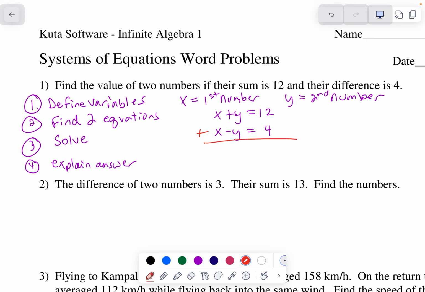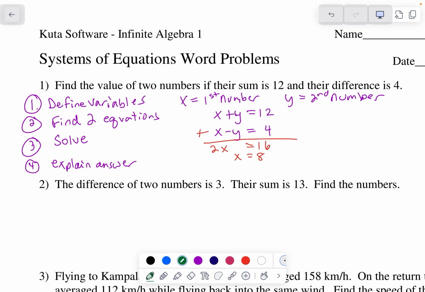When we add the 2 together, we get 2x equals 16. And then we just have to divide off that front coefficient. So our x is equal to 8. Now, we haven't solved it completely. Remember last time you had a little bit more work to do.